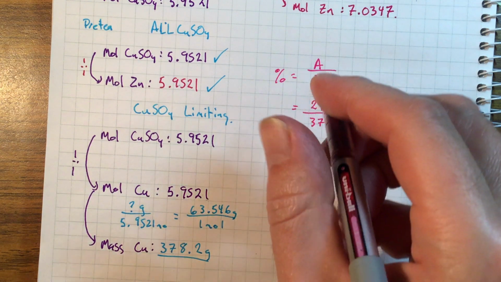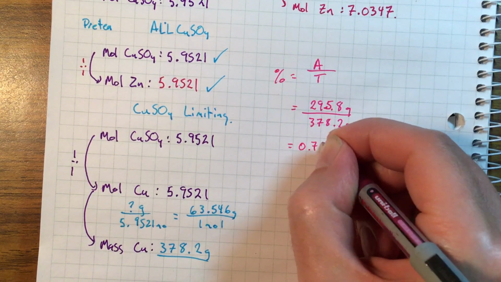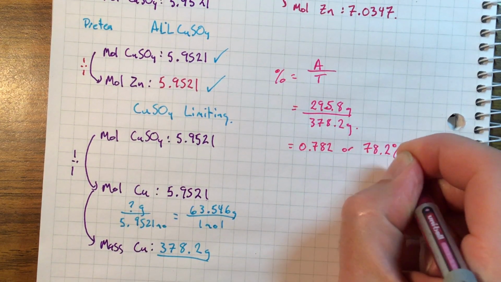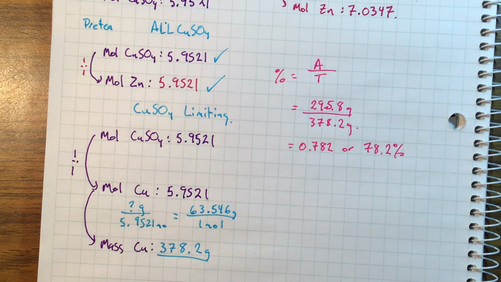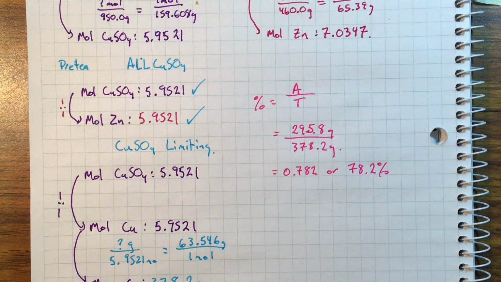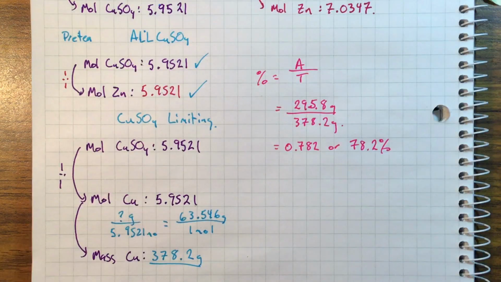And I get 0.782 to 3 significant figures, or 78.2%. There we go. That's question number 3. Limiting reagents. I like that this work takes up a lot of space, and it shows all that you're doing very easily.